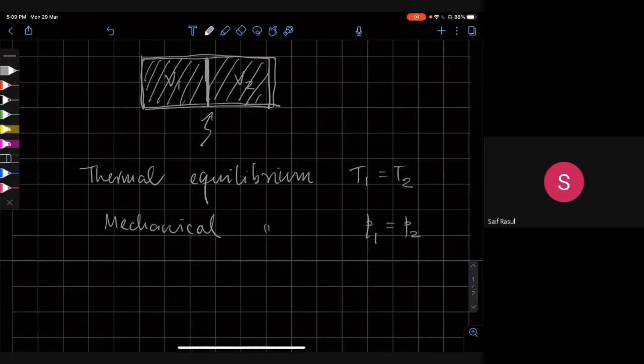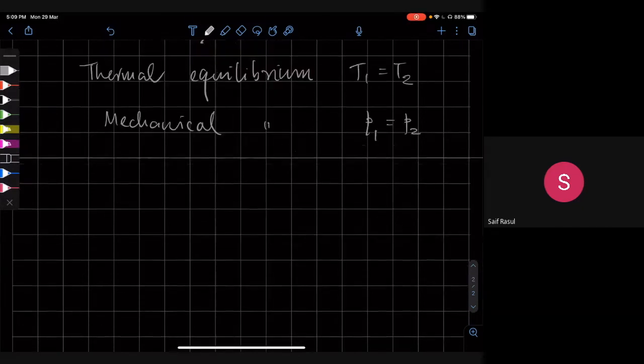Okay, the two gases will come to the same pressure. So now we're in a position to derive from statistical mechanical considerations the first law of thermodynamics. So far, we have derived the 0th law and the second law, right? But we have not derived the first law yet.